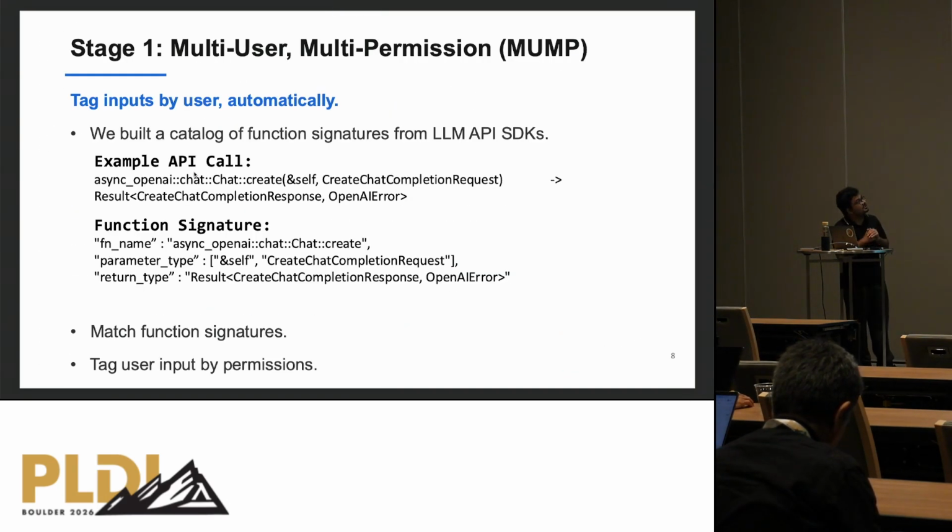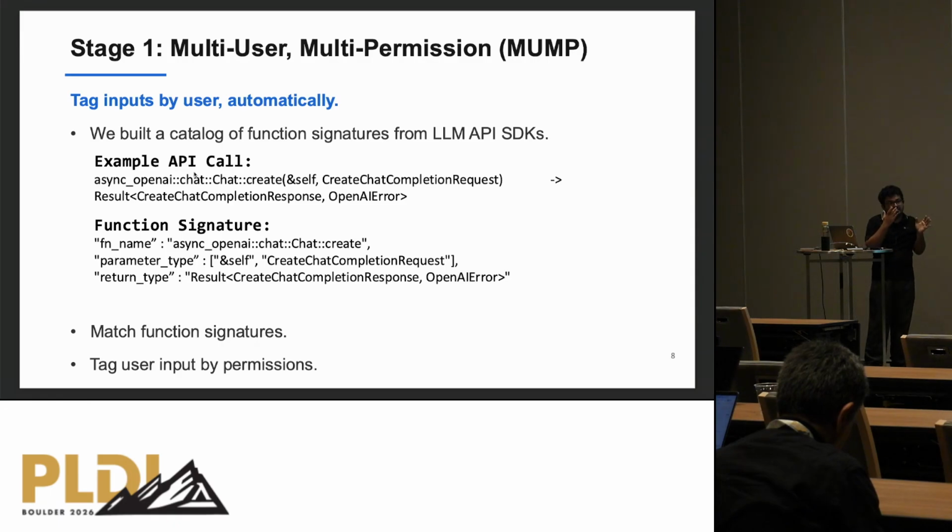Yeah, basically, for example, if you go to the OpenAI SDK in Rust, their GitHub repository, you will see that the OpenAI SDK is called using these functions. The function name will be something like OpenAI chat create, or chat completions, and there will be parameter types and a return type.